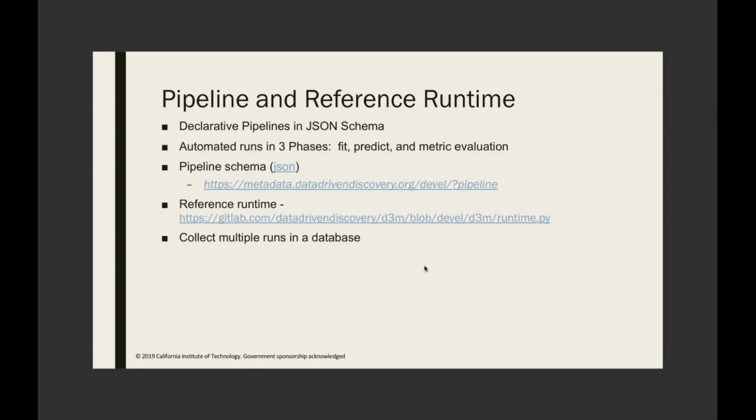Now the next part which enables the system to do automatic machine learning is to share what I actually constructed or what I actually ran. We call it a pipeline and a pipeline run schema. A pipeline schema would be, okay, these are the steps I need to do.